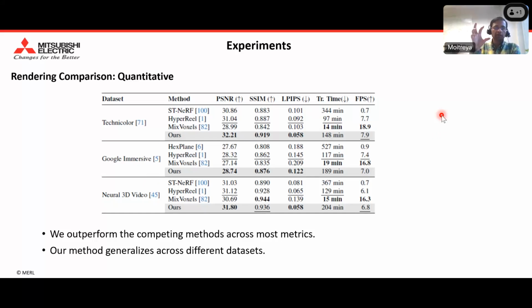Each of these data sets has a bunch of scenes inside it, so you need to train a different model for each of those scenes. And what you see is that we're consistently outperforming competing approaches. Some of these things like PSNR, numerically you might see that the changes are not that much, but these are in log scale. So even a small change is suggestive of a big shift.